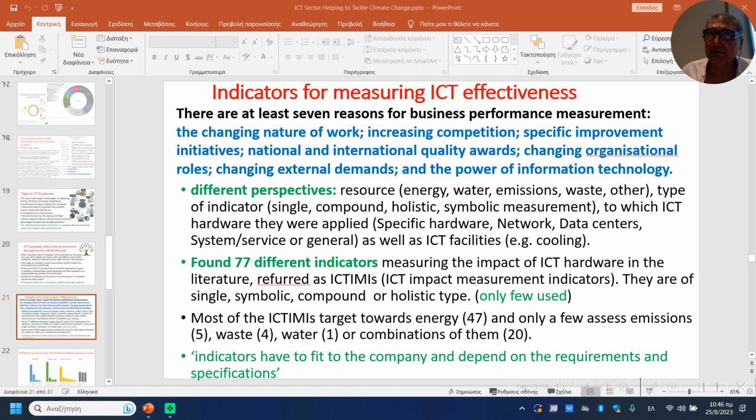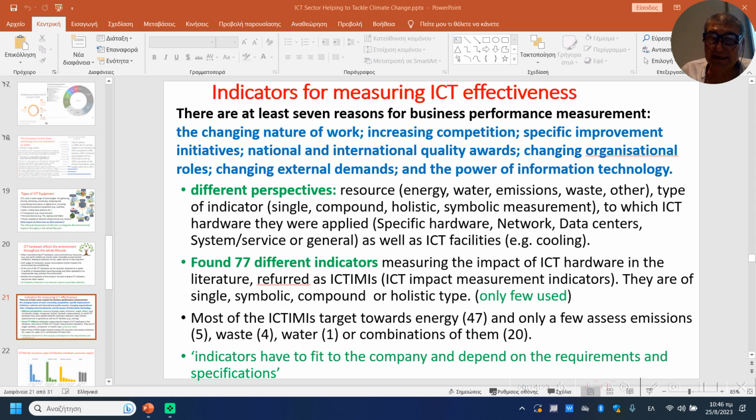different indicators of such measurements, which measure the impact of ICT hardware, and they are called ICTIMs. Of these indicators, 47 are oriented to energy, I mean measuring energy consumption.